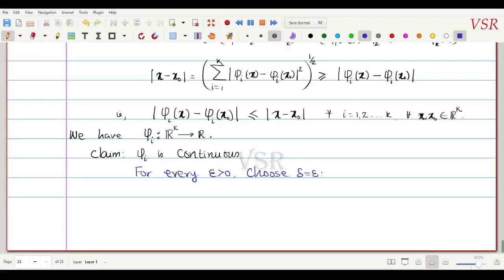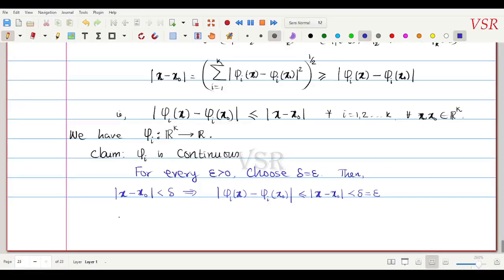Then whenever modulus of x minus x naught, where x is a vector, is less than delta, this implies that modulus of phi i of x vector minus phi i of x naught vector is less than or equal to modulus of x vector minus x naught vector. This is less than delta, and delta is equal to epsilon.